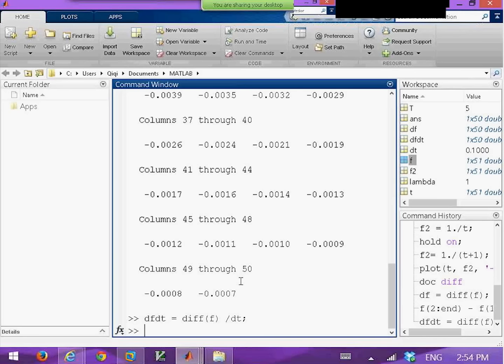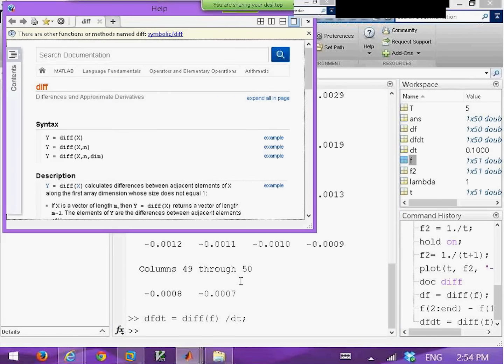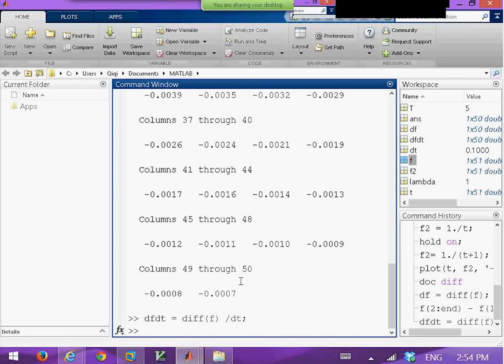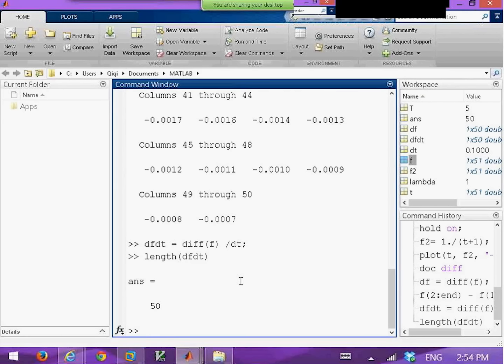Okay. And this is an approximation of the derivative at which points, if I stick to this formula? At the discrete time instances, but if I look at the length of df dt, yes, this is an approximation to the derivative from 0 to T minus delta t, right?